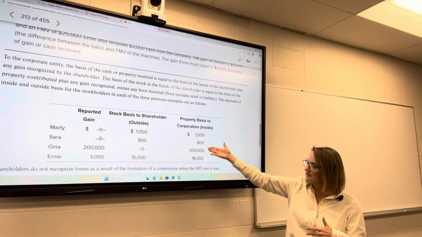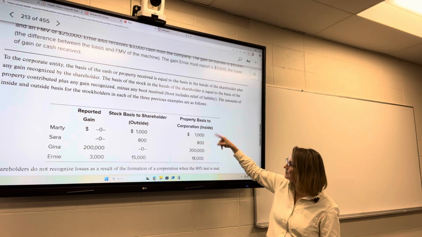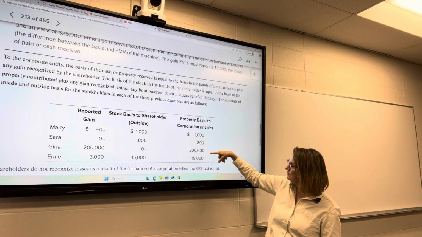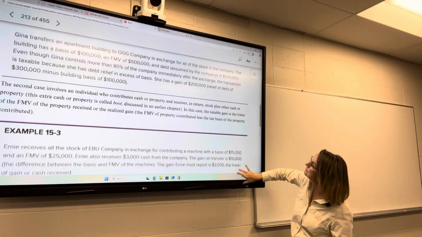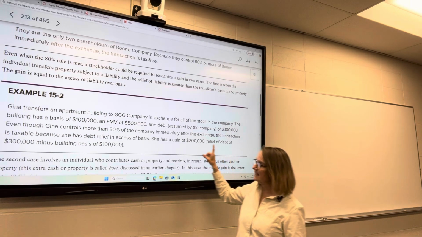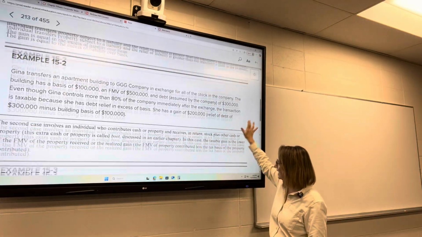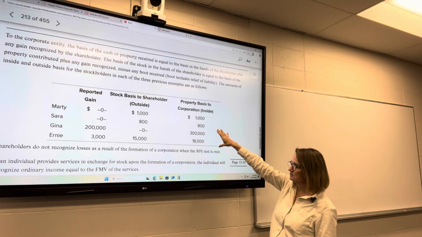It was less, but that gain absorbs the rest of it. The property basis to the corporation, though, is $300,000, which is the relief of the debt of $300,000. So that becomes, because now they're on the hook for that $300,000.